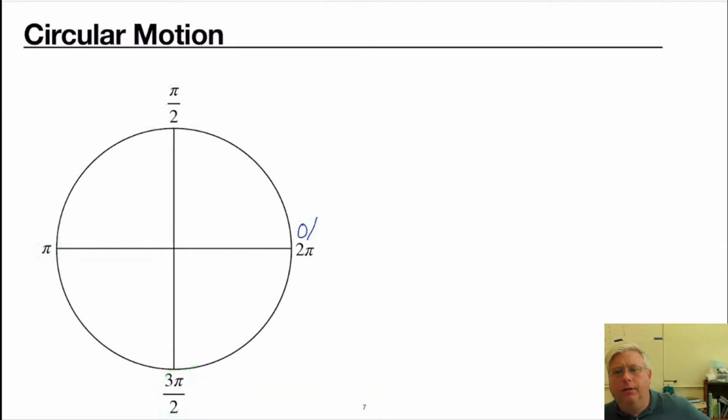And so in uniform circular motion, if we wanted to find the corresponding degrees to radians, because we can describe circles in degrees or radians, well, the displacement of a full revolution, delta theta, would be 360 degrees or 2 pi radians.